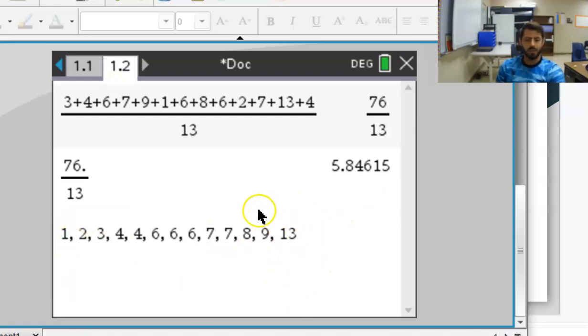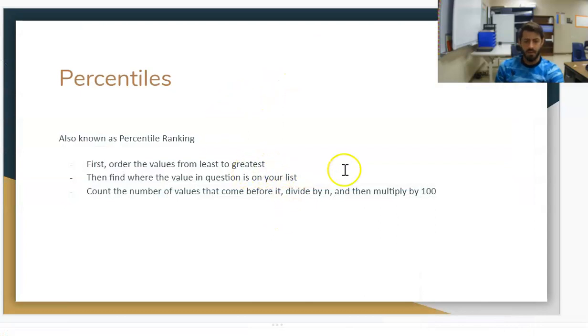If I want to know, say, the percentile score for this, what I would do is say, okay, out of the 13 values I have in my list, what location is this 8? It is the 11th number, right? So the percentile score would be 11 over 13, because it's the 11th number in the list out of 13, and then that value, whatever that proportion or fraction is, multiply it by 100.